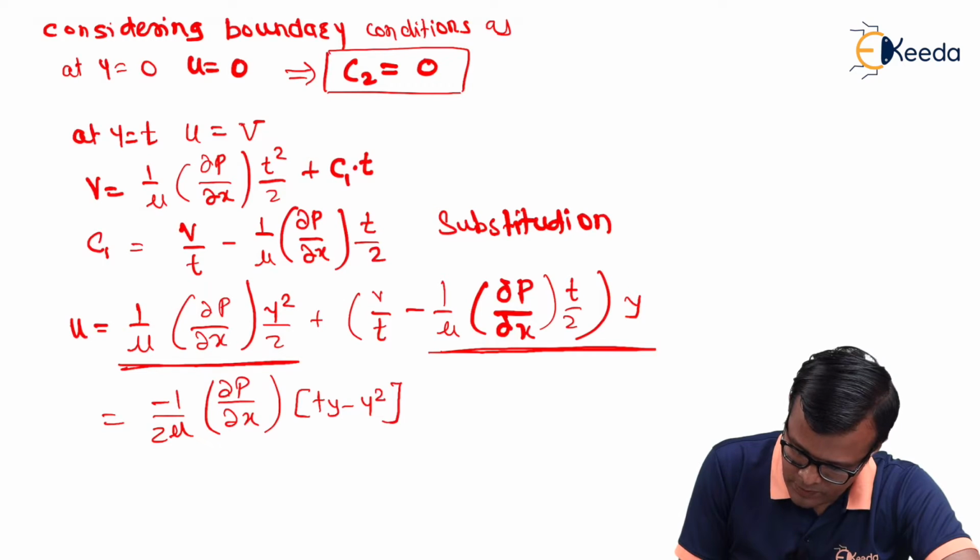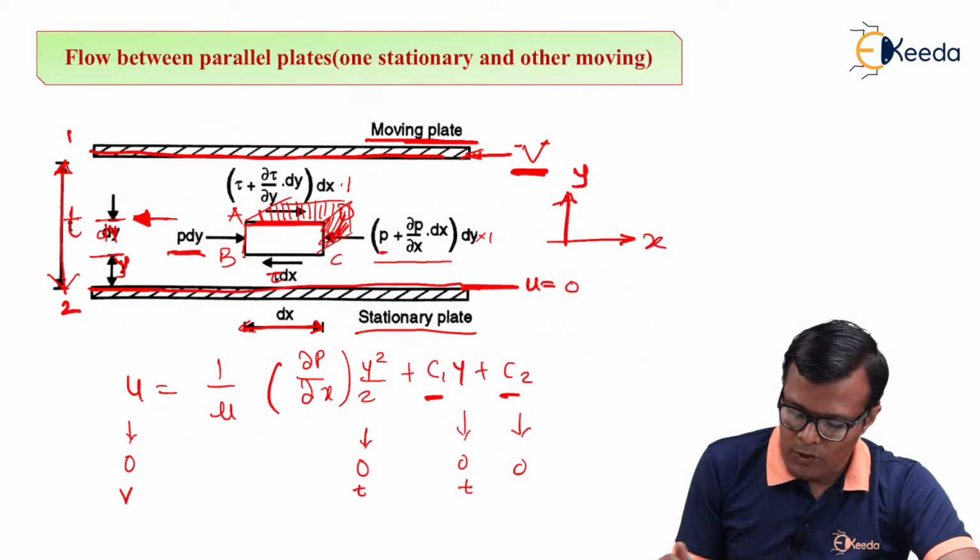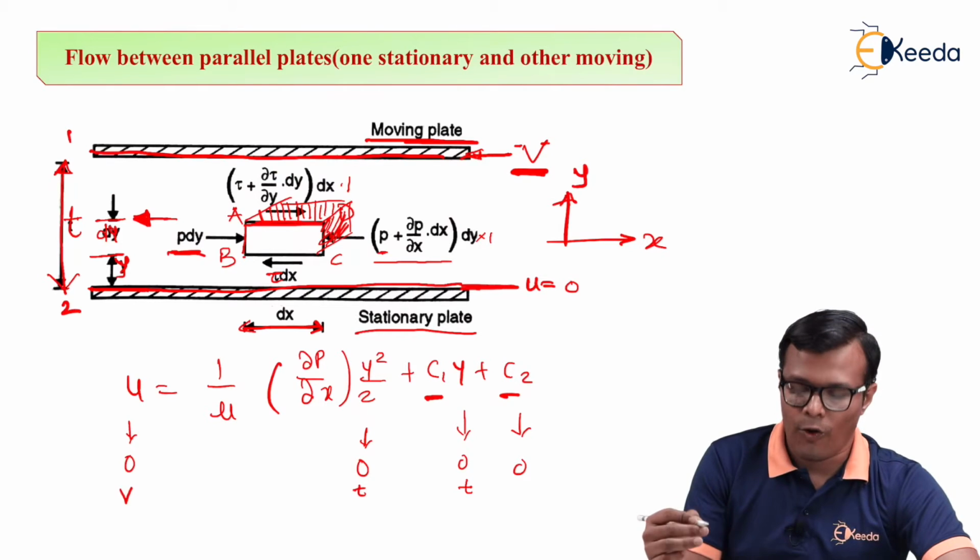And the term V into y upon t becomes plus V into y upon t. This type of flow is called Couette flow.